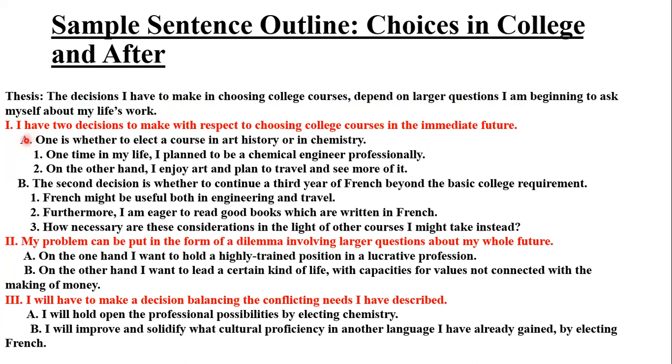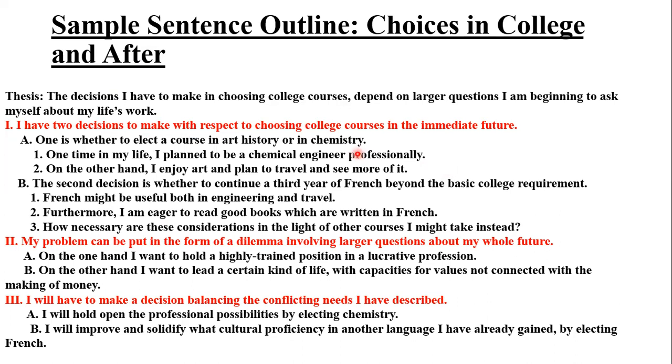One, section A: whether to elect a course in art history or in chemistry. This point is subdivided: at one time in my life, I planned to be a chemical engineer professionally. Second point: on the other hand, I enjoy art and plan to travel and see more of it.